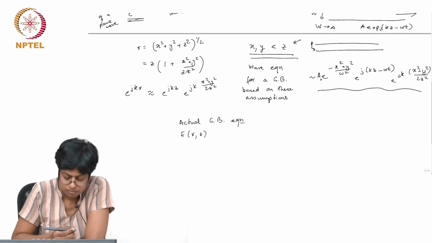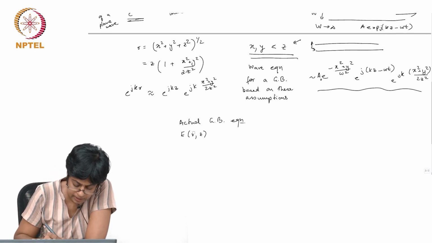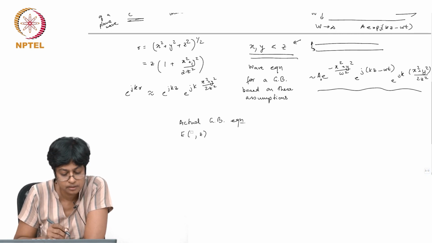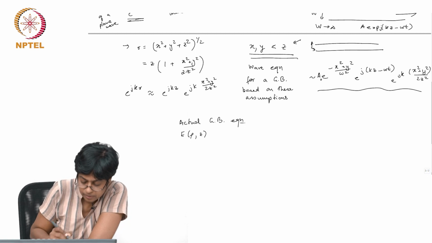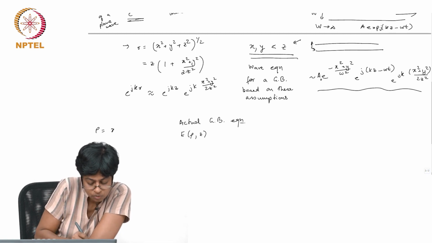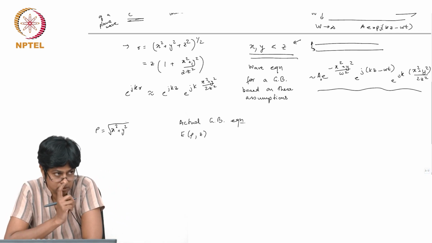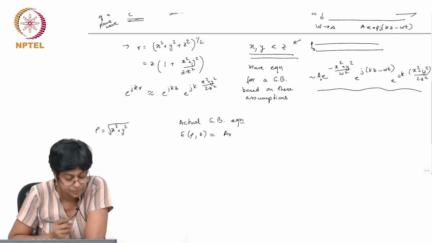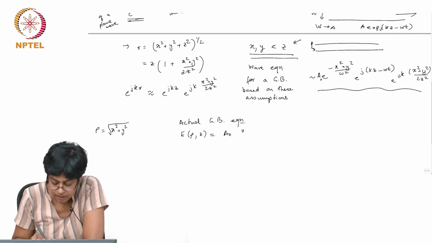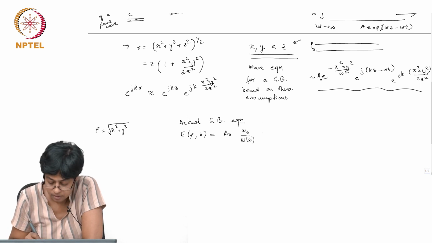Actually, let me not say R, because I used R earlier as this, and I want this variable, I'll call it rho. Rho is now just x squared plus y squared. It's just a function of the transverse coordinates. So there is some amplitude A naught, and I'll explain what these different terms are.